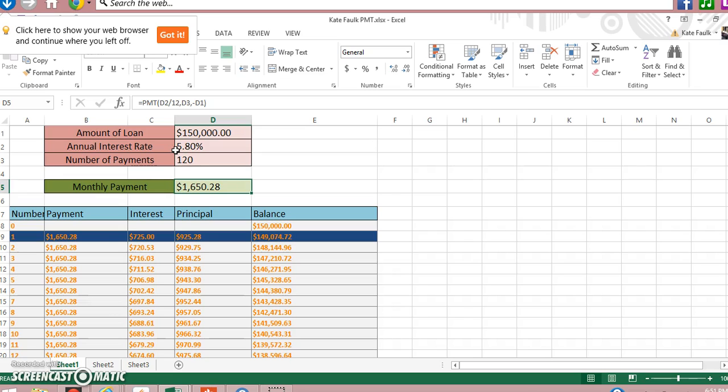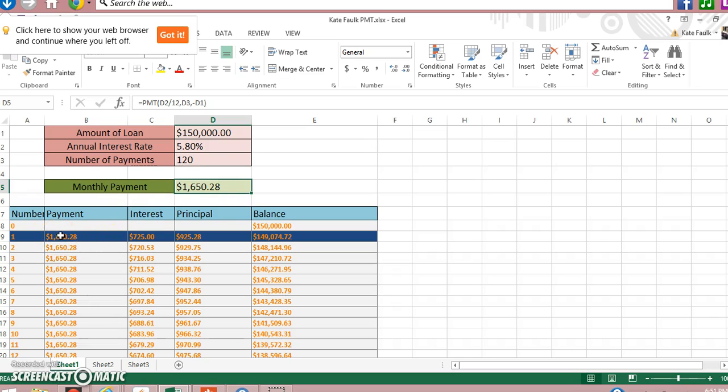The next number is the NPER, the total number of payments for the loan, which would be 120. The next number is the present value, or the total amount of the loan, which is $150,000, and it'll come out to this number here that you see, $1,650.28.